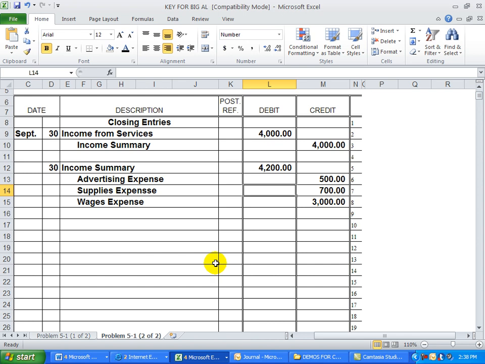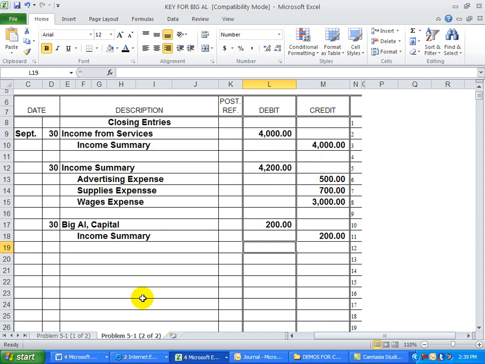That net loss is going to decrease his capital. So when we close the income summary account, we're going to be debiting the capital account for $200 because the net loss is decreasing it, and we're going to credit income summary for $200.